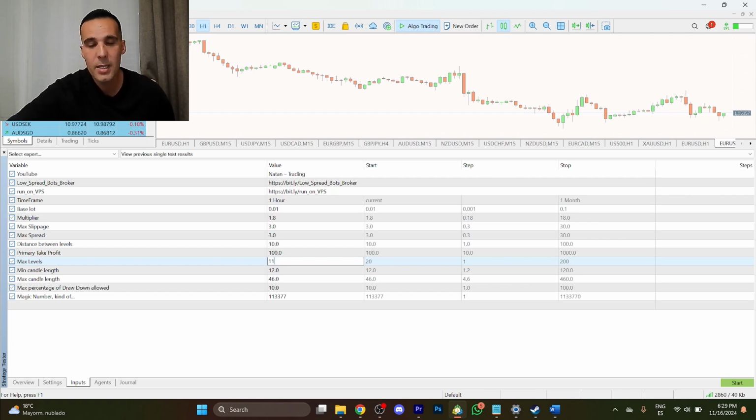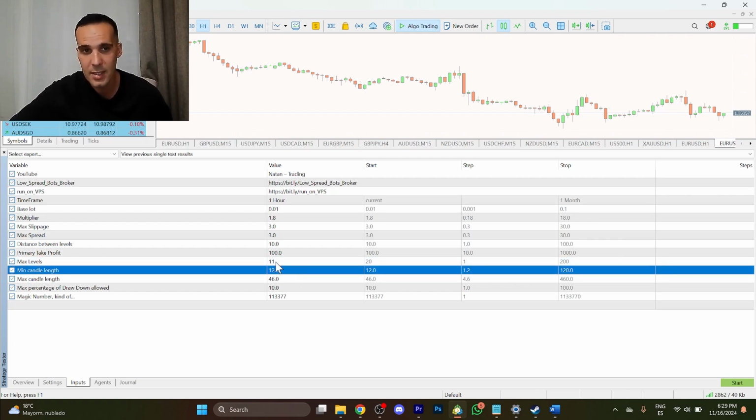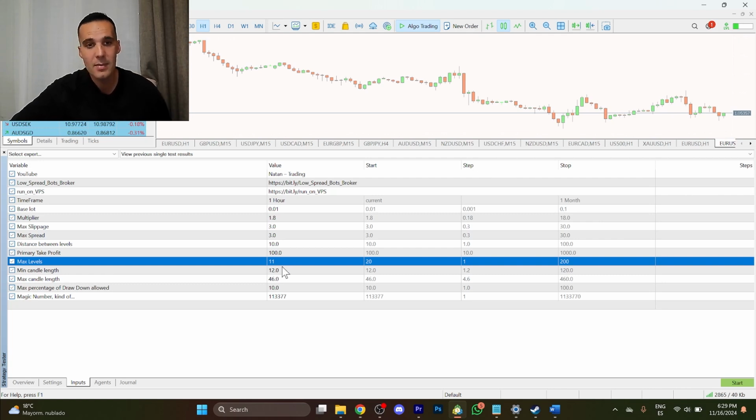Honestly, after 11, it doesn't make any sense to try any. I mean, if you multiply your last trade by 1.8 eleven times, the lot size will be incredibly high. So it doesn't make much sense to try to go any higher than 11, 12 levels.